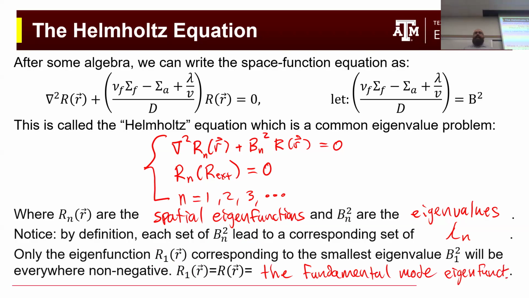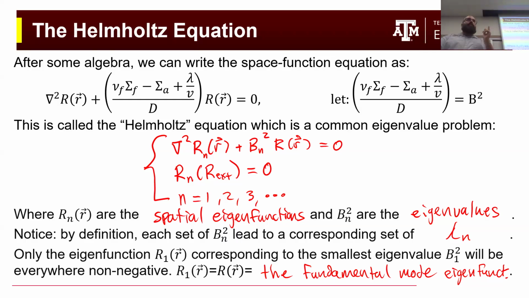And ultimately, that's the eigenfunction that we want to find, because you're going to have an infinite number of modes for this reactor, but only one of them is going to be everywhere non-negative. In other words, only one of them will satisfy the physical realizability conditions of the scalar flux, which means that the scalar flux can never be negative. Also, the scalar flux can't go to infinity. So that R of r, R1, is the function that we are looking for.